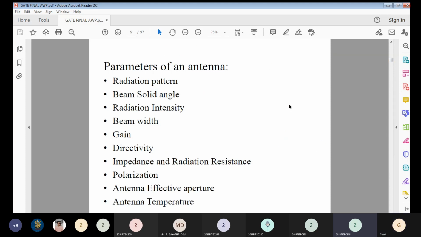Antenna. And a few problems also we discussed. Okay, these are the concepts.